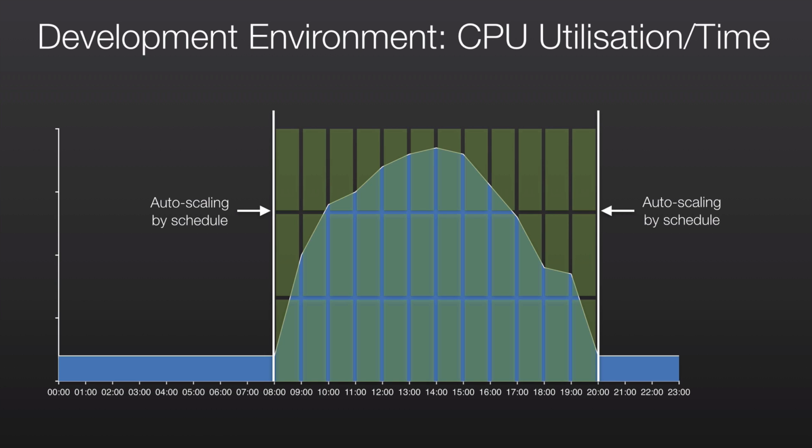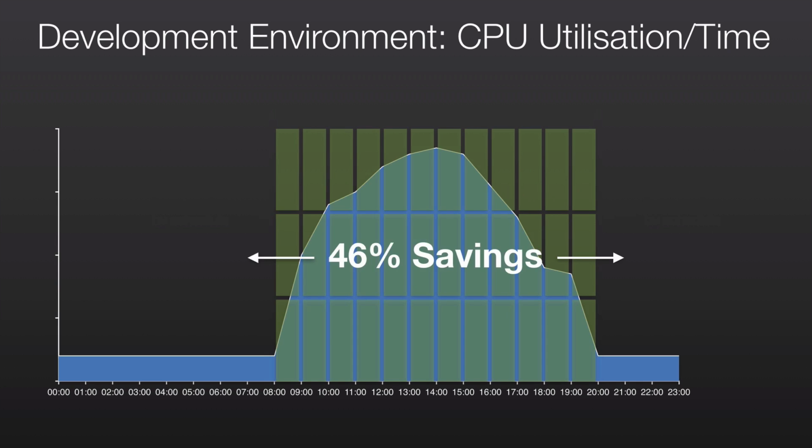With this hypothetical workload that you can see here, we're creating 3 instances to cater for our development activity. We're spinning them up at 8 in the morning and we're shutting them down at 8 at night. That's yielding 46% savings in comparison to running that workload 24 hours a day around the clock.